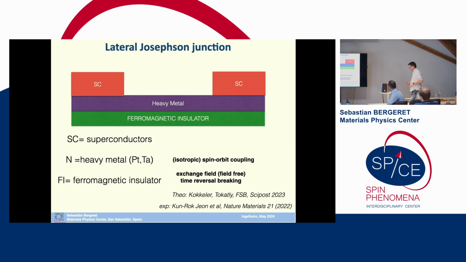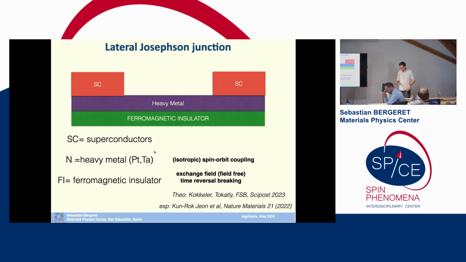This work was also done by Tim and the group, motivated by an experiment in Stuart Parkin's group, in which they used the typical combination of platinum, YIG, and superconductors on top.